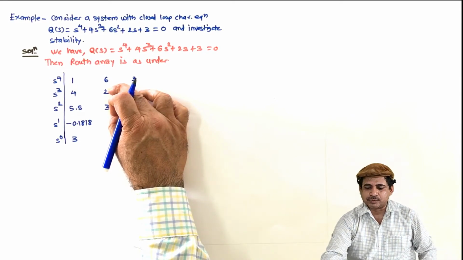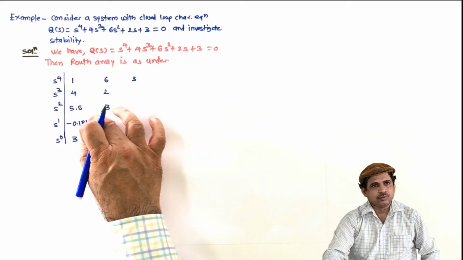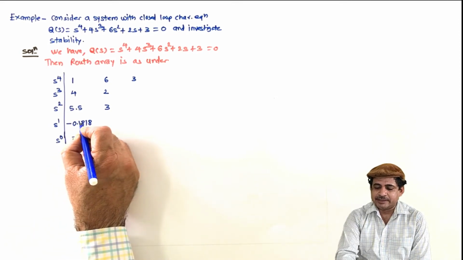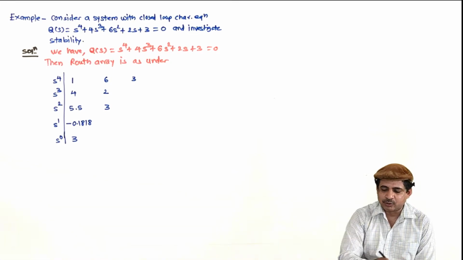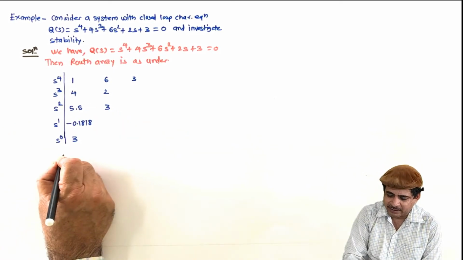Now you can see here the number of elements in any row reduces by 1 after a pair of rows. So here there are 3, then 2, 2, 2, 1, 1, finish. And here you can see there is a sign change in the first column of the Routh array. So how many sign changes? There are 2 sign changes.